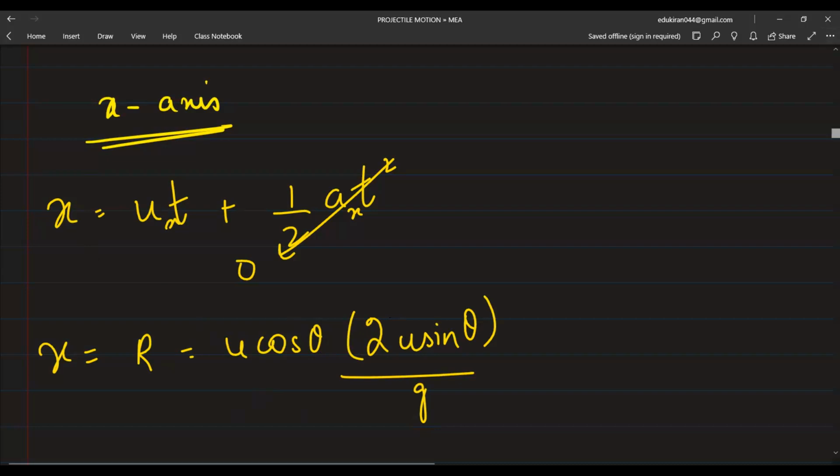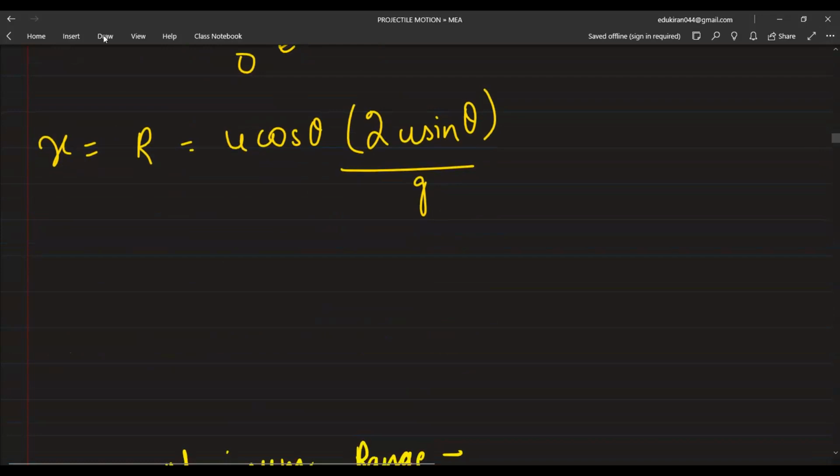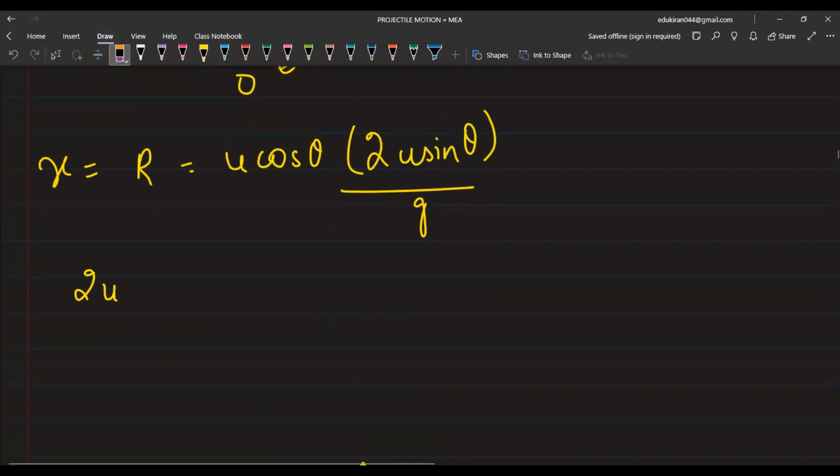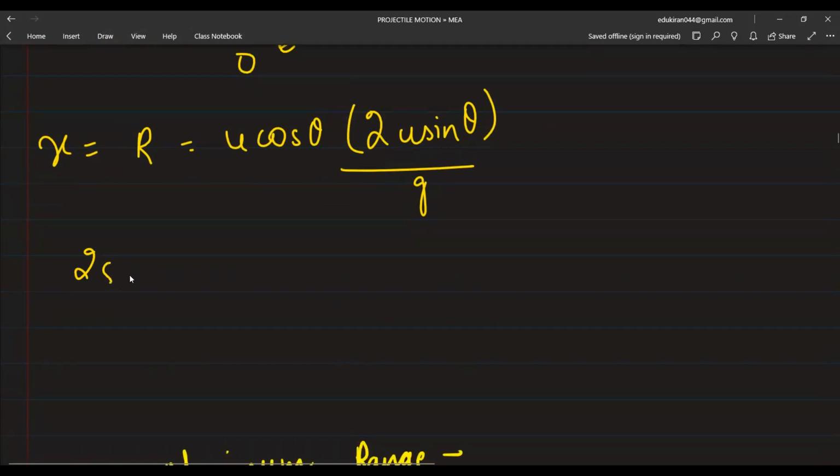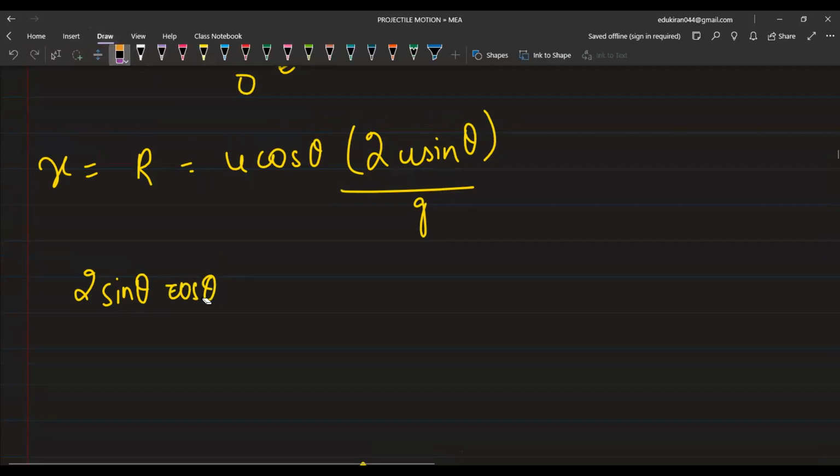So if you solve this, class, there is an identity. 2 sin theta into cos theta. See, wait, let me write it. You have 2 sin theta into cos theta.